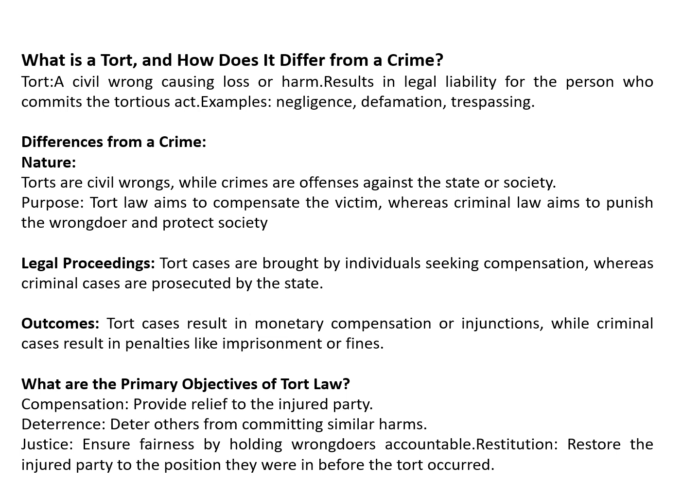Another question is, what is the primary objective of tort law? That is to get compensation in monetary terms. For criminal law, the main purpose is to punish the accused. You can go through it.